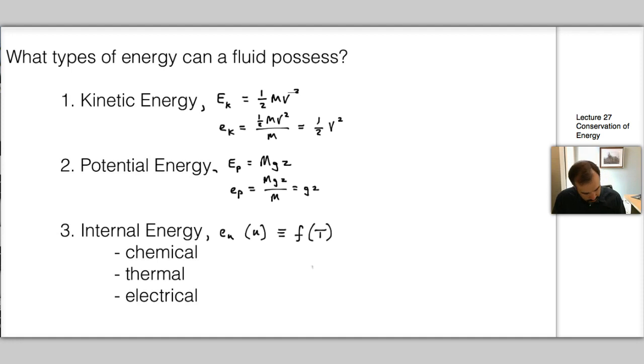Therefore, if T is constant, EU doesn't change. That's just a simplification we'll do in this class, because we're really interested for these purposes in the kinetic and potential energy, and some other classes will move on and deal with the internal energy more explicitly.